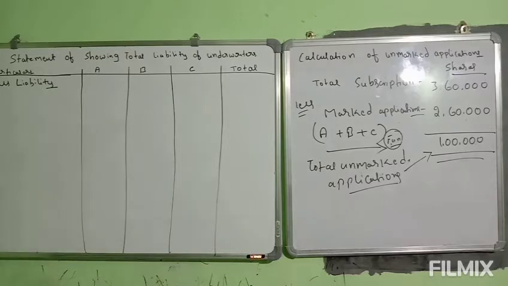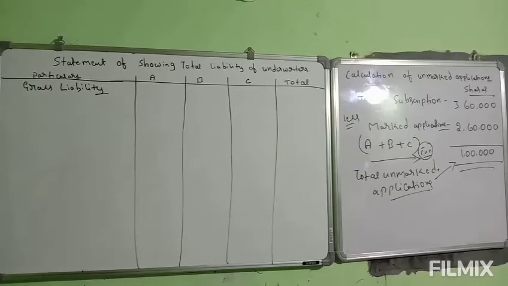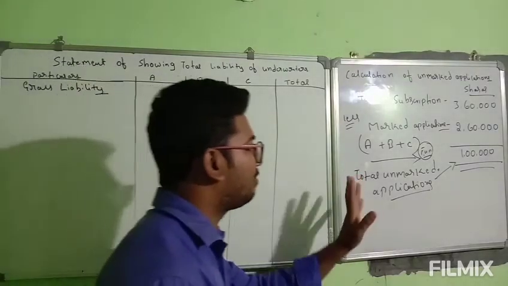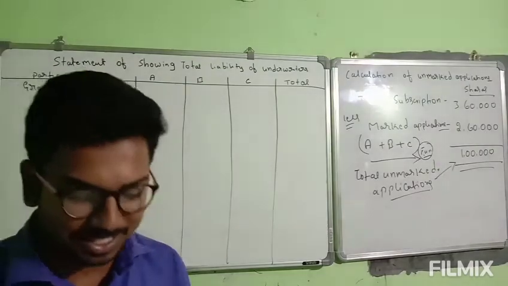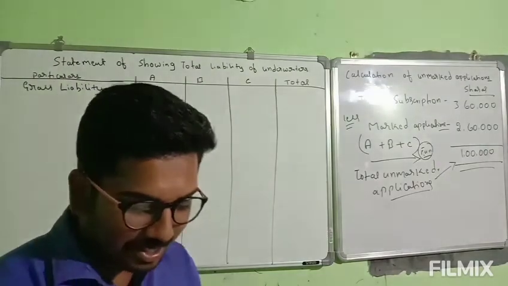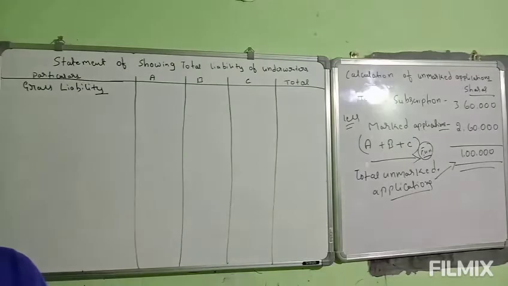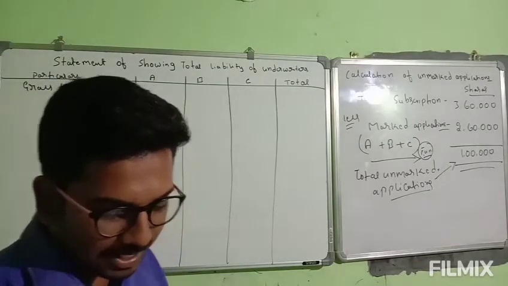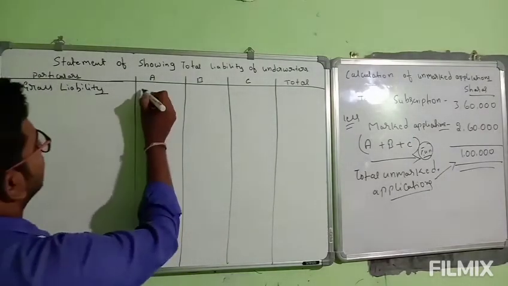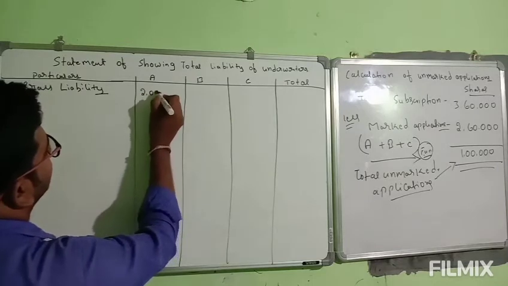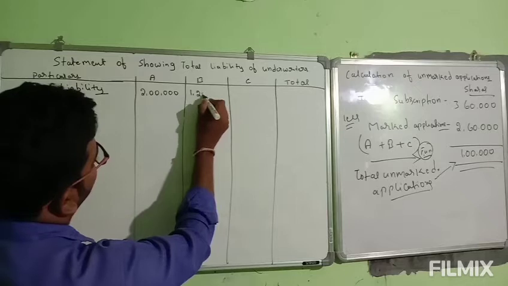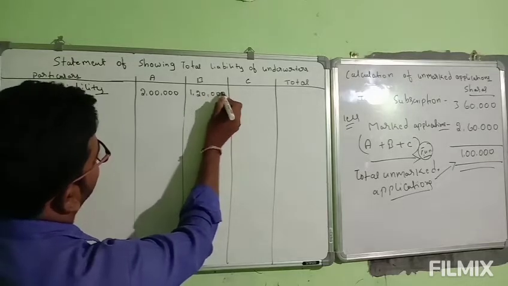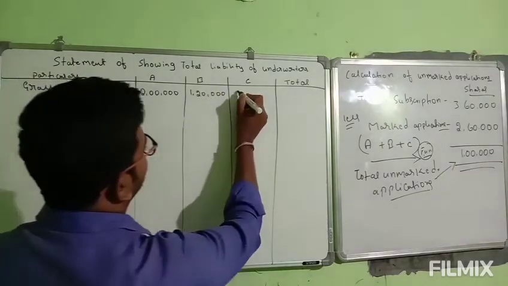So the first working note, calculation of unmarked applications, is done. Then we should take the allotment of shares to the underwriters. Look at the question: the shares allotted to each of A, B and C. A is 2 lakhs, B is 1,20,000 shares and C is 80,000.